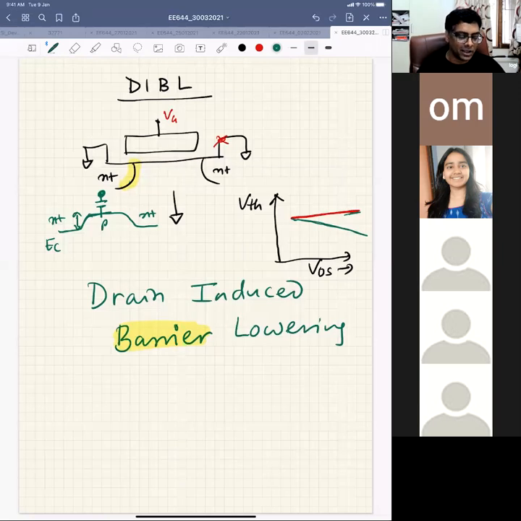So basically we do not want the drain to control your source to channel barrier. That's the reason we have to design in such a way that this DIBL, or drain induced barrier lowering, is reduced. So in designing your device, you want to get rid of this undesirable effect.